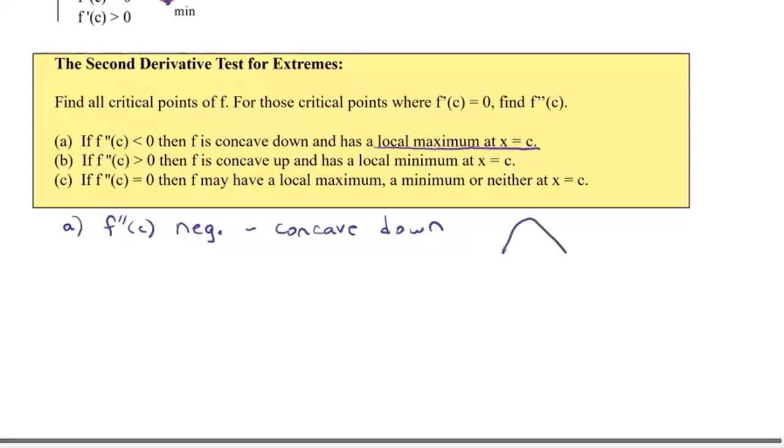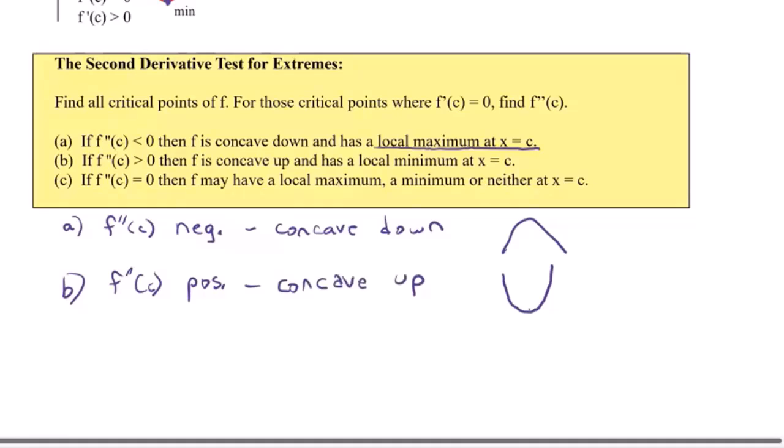If it's concave down, it's going to have a local maximum. B says f double prime at some value c is positive. Well, if you have a second derivative that's positive, it's concave up. So you can see that it has a minimum.